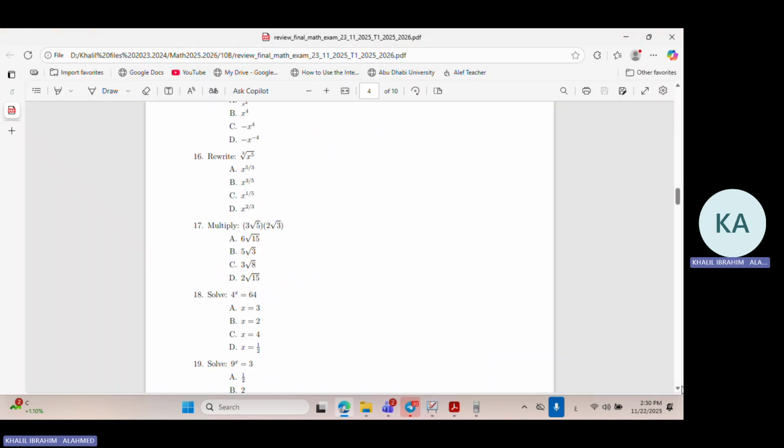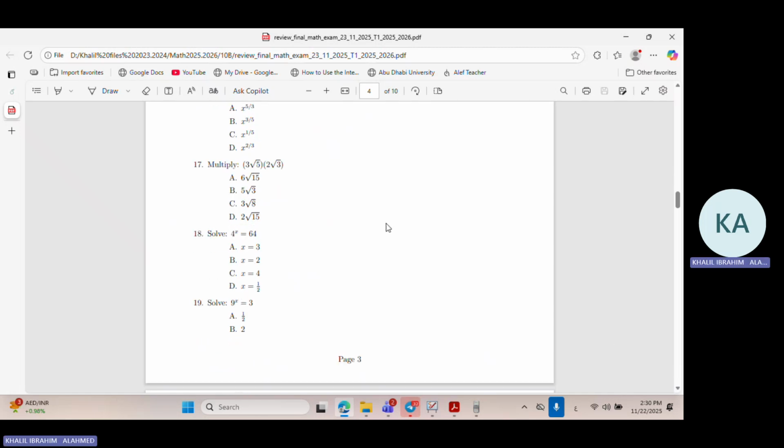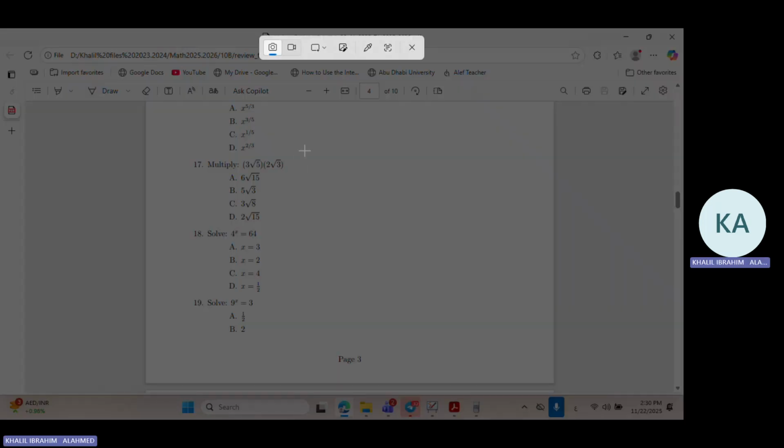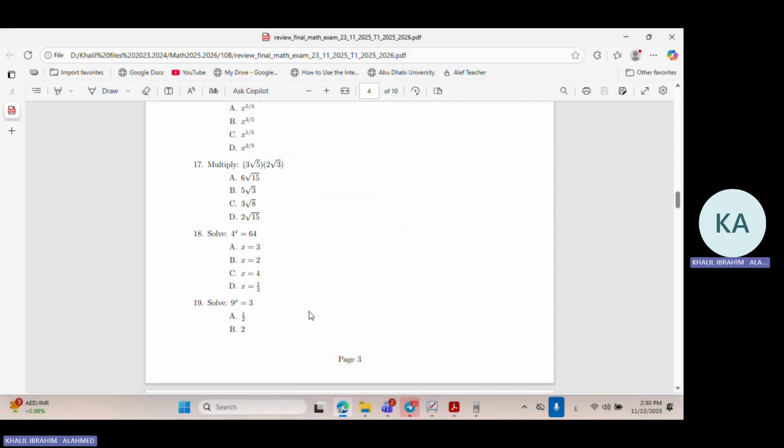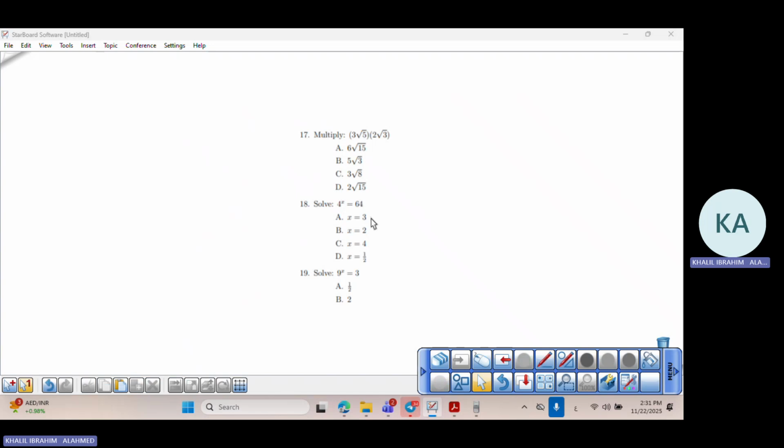Question 17 to 20. I will copy them to solve together in this slide. Okay, be careful about this.